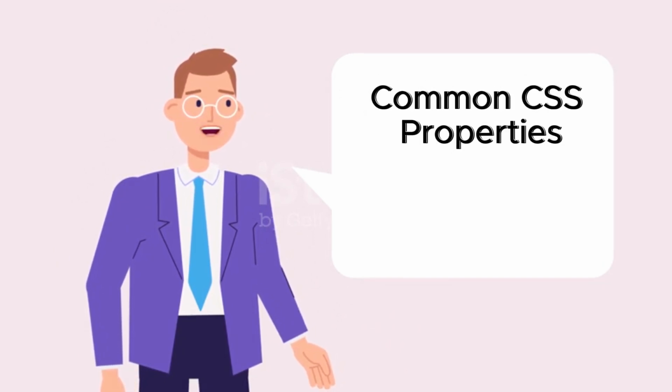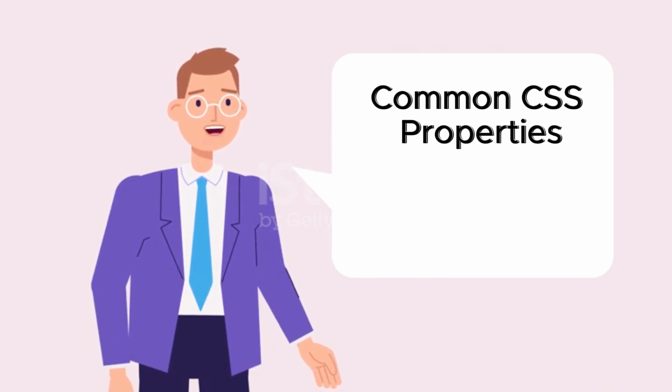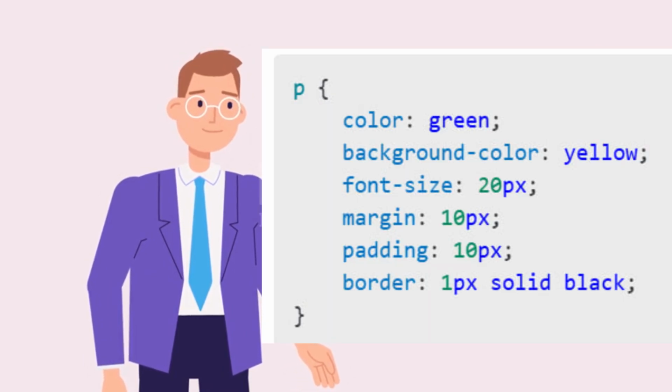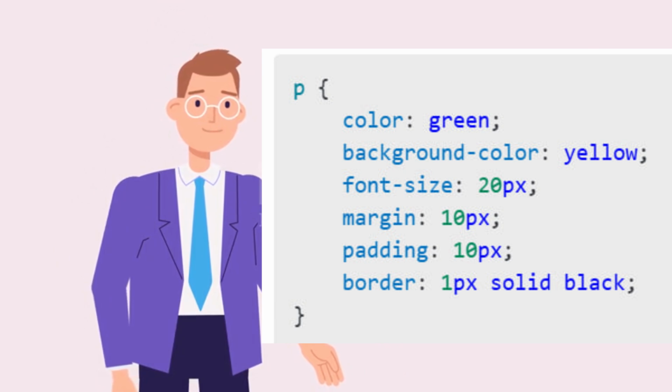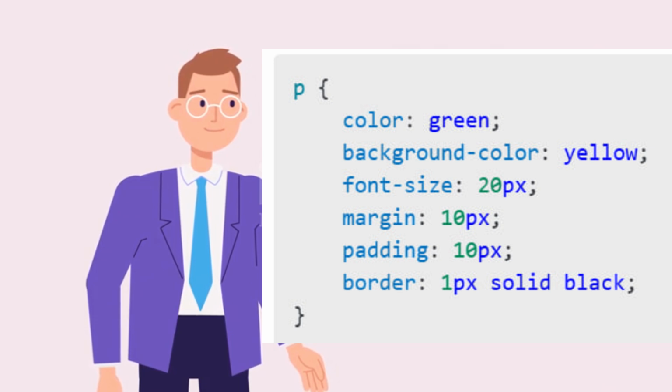Common CSS properties. Here are some common CSS properties you'll use often. Color: changes the text color. Example, color: green. Background color: sets the background color. Example, background-color: yellow. Font size: controls the size of the text.